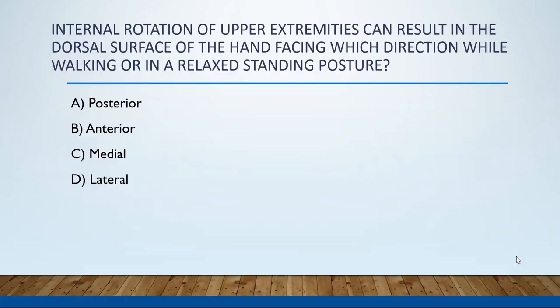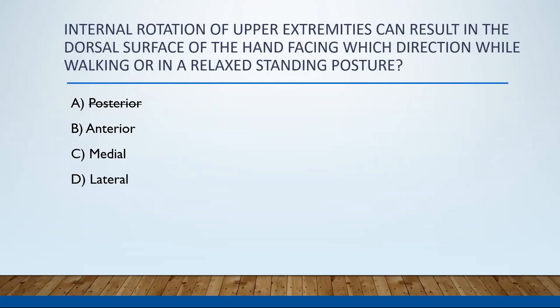Internal rotation of the upper extremities can result in the dorsal surface of the hand facing which direction while walking or in a relaxed standing posture. Let's eliminate one wrong answer, shall we? Can't be dorsal.